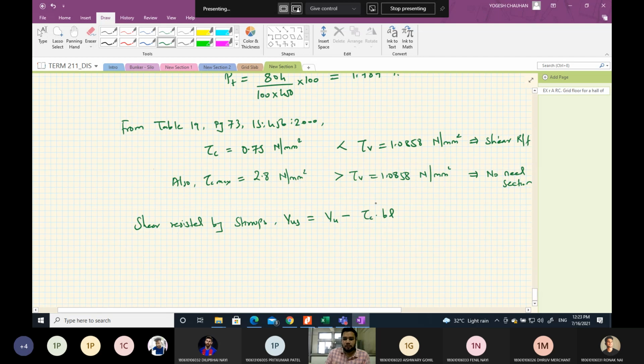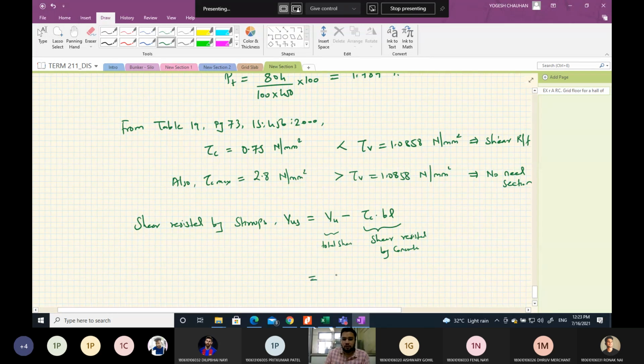Okay, this is the shear resisted by concrete. This is total shear, and this is the shear resisted by the stirrup.